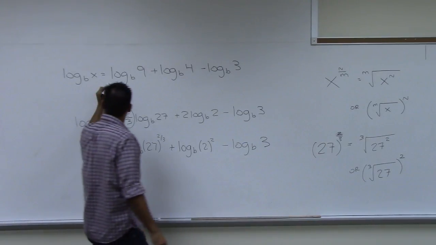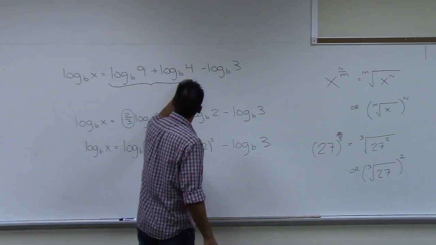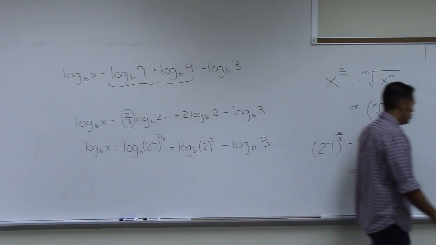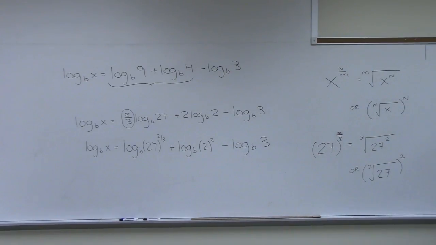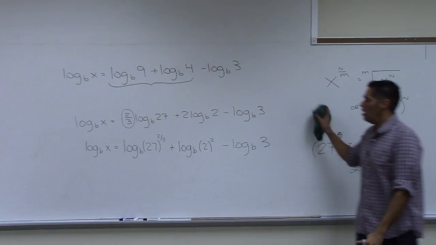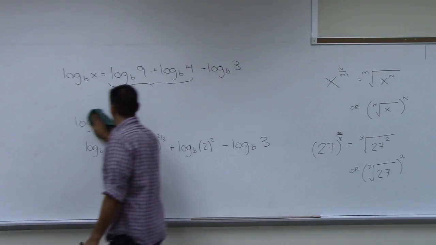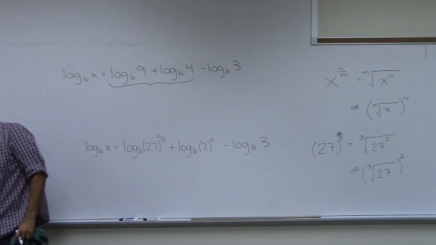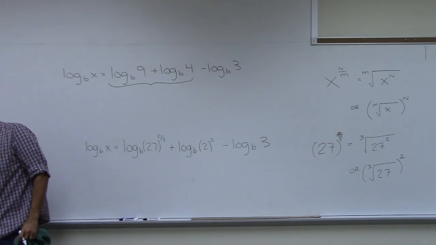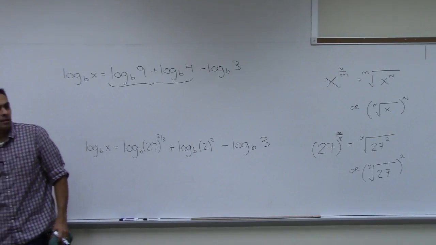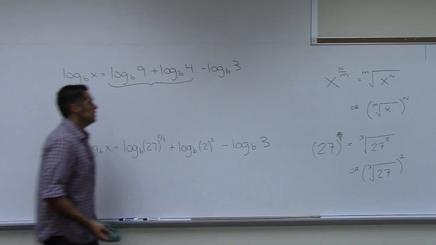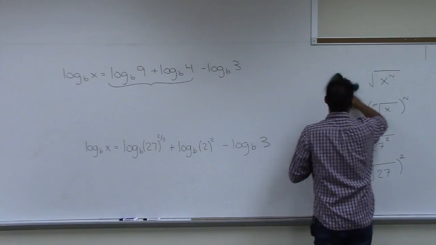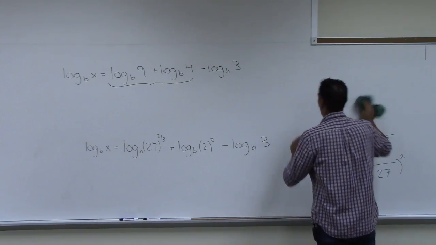So how can you redo just these first 2 logs? What property from last class can I use to put those into one log? Property 5. I don't want to write all these down again because I did that last class.